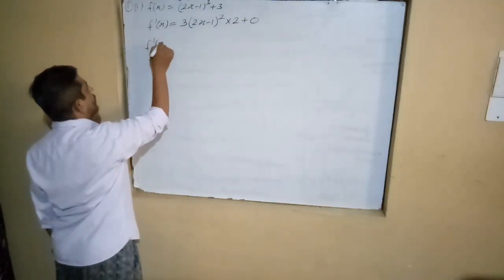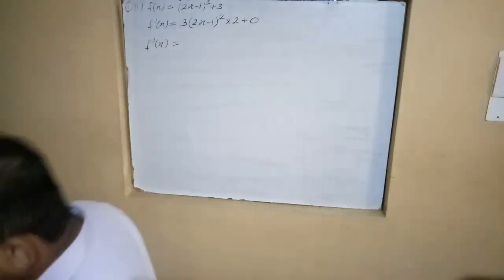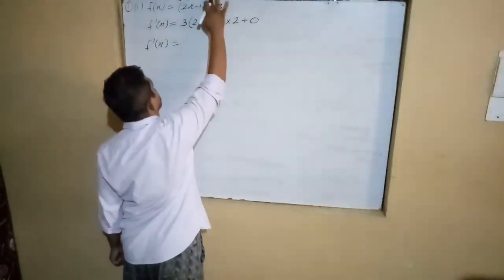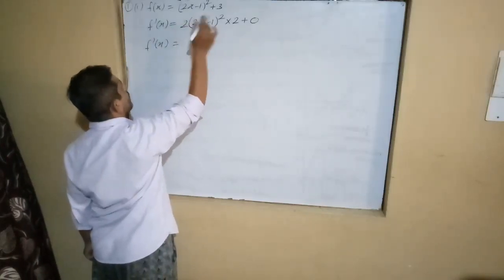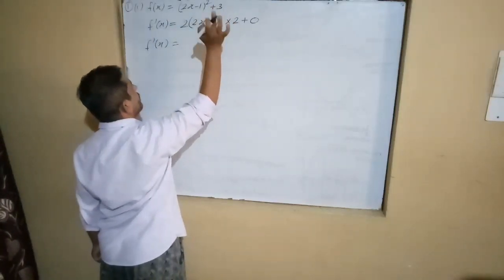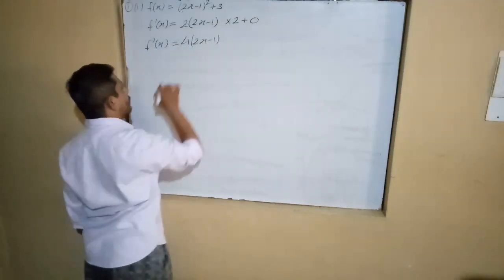So 2 is there, whole square, so 2 will come here and the power will go. 3 times 2 is 6, so f'(x) = 6(2x - 1)^2.